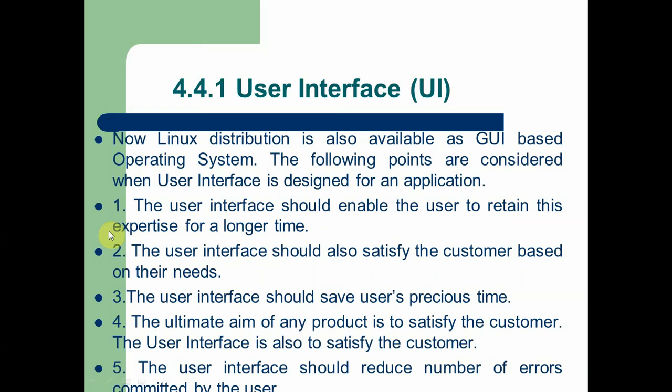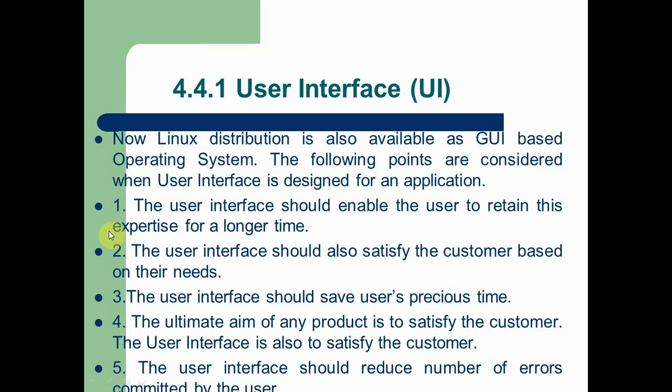How should a UI be? Some of the points are described here. The best UI, that means user interface, is one which enables the following features. The first point is that the user interface should enable the user to retain their expertise for a longer time.